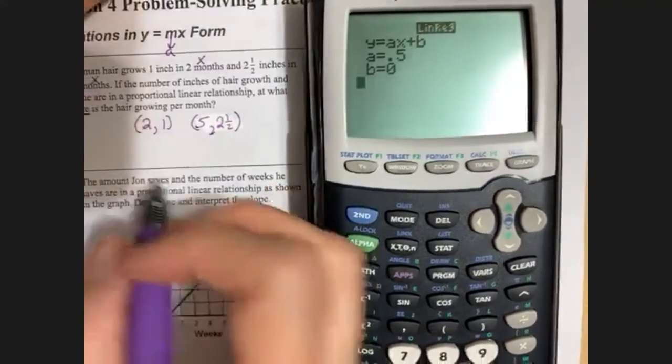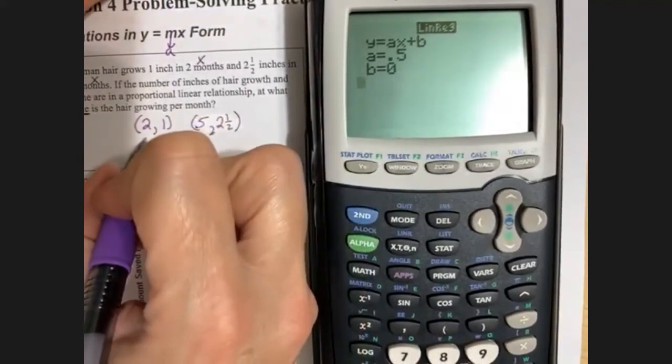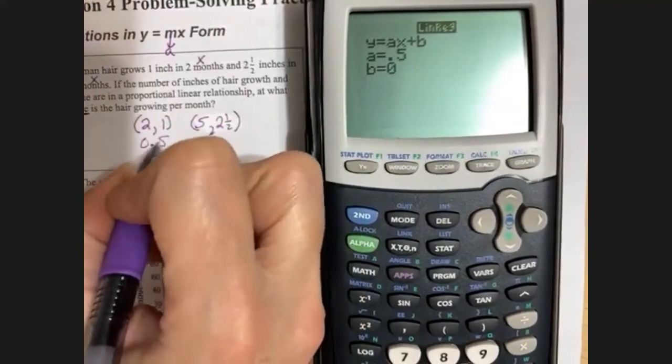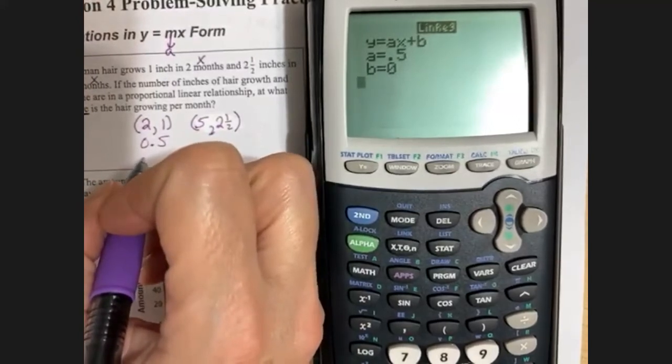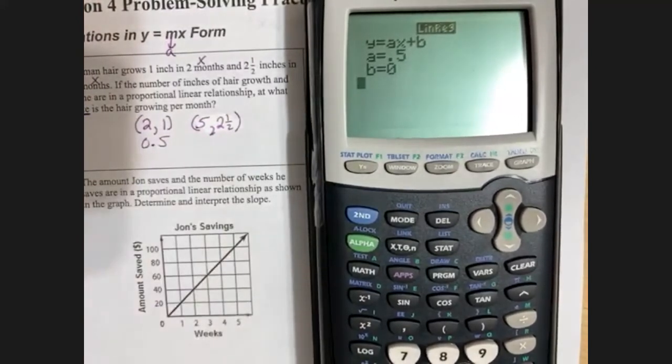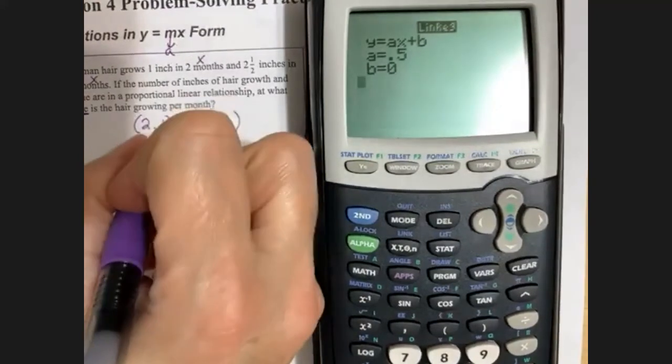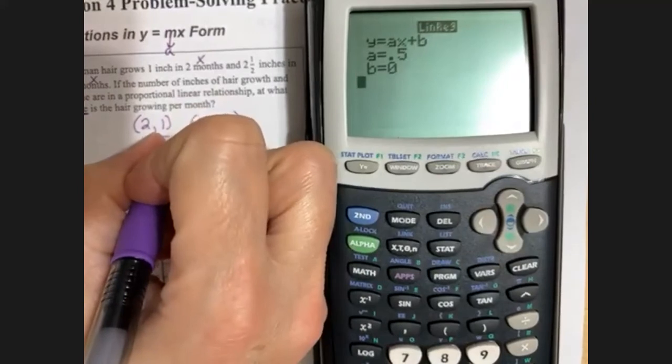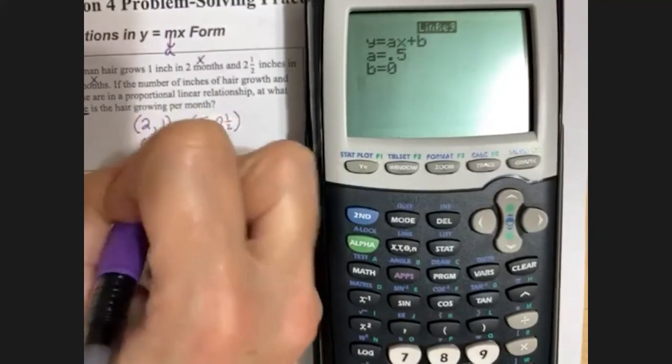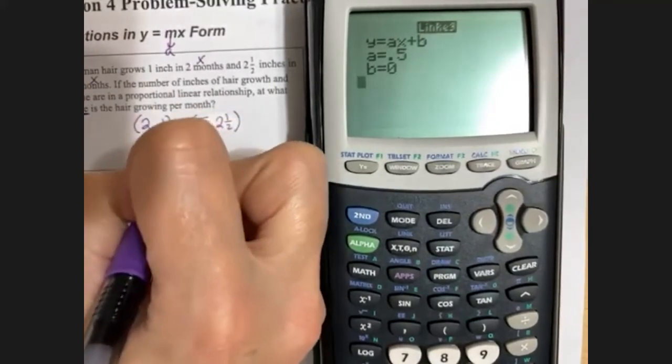And so we're going to put down here that the unit rate would be 0.5, but 0.5 what? Or you could say a half. If you wanted to say a half, you could say half there. And it might make more sense, but 0.5 inches is the change per 1 month of time.